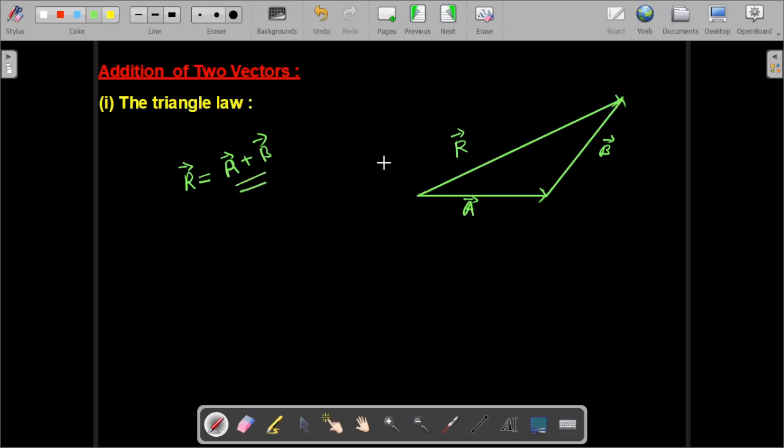You have to draw this resultant vector from the initial point of the first vector to the end point of the second vector.